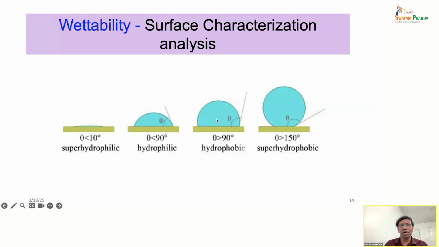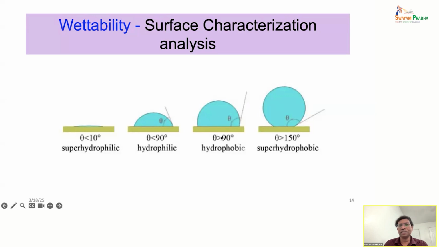These are the two common ones, called hydrophilic and hydrophobic surfaces. Hydrophilic means it gets wet. Hydrophobic, you would have heard this term phobia. Phobia means you are afraid. You don't want it. So here it doesn't want to get itself wet.